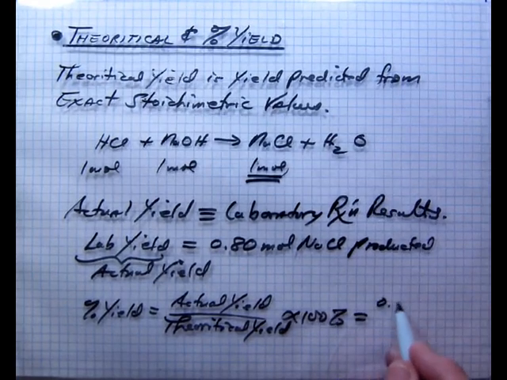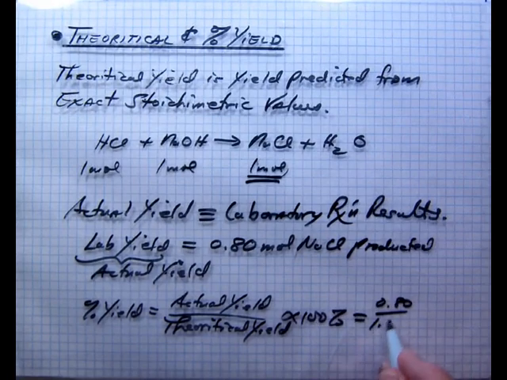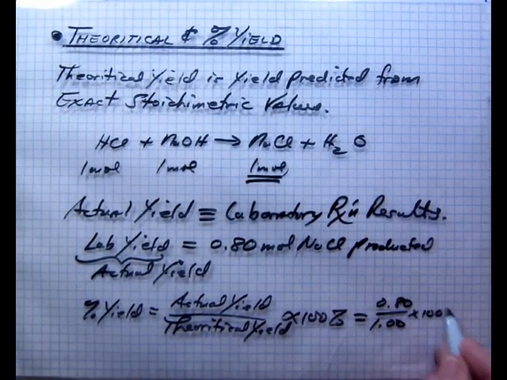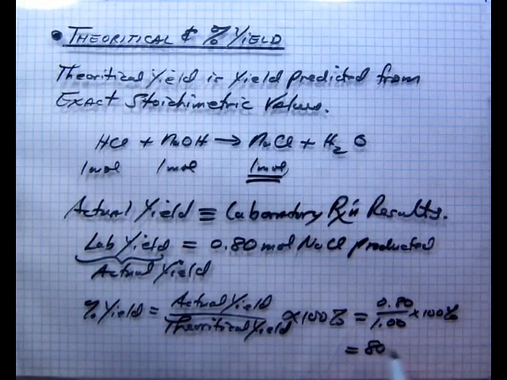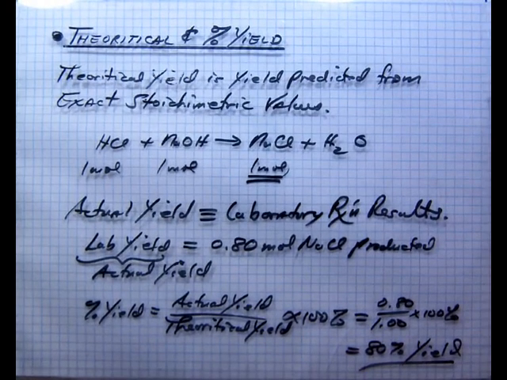In this case, 0.80 divided by 1.00 times 100%, of course 80% yield. So you're not going to get everything you predicted.